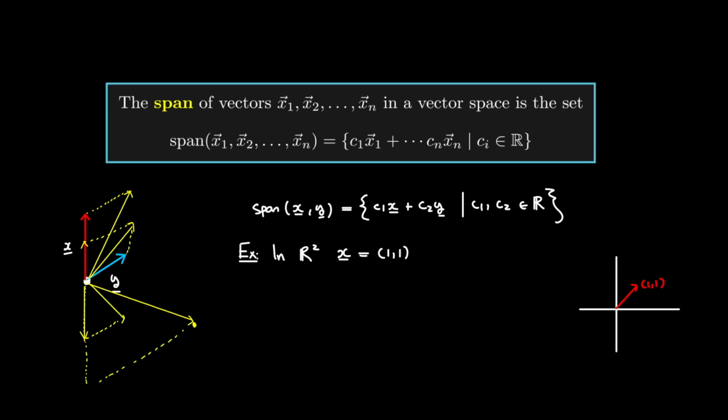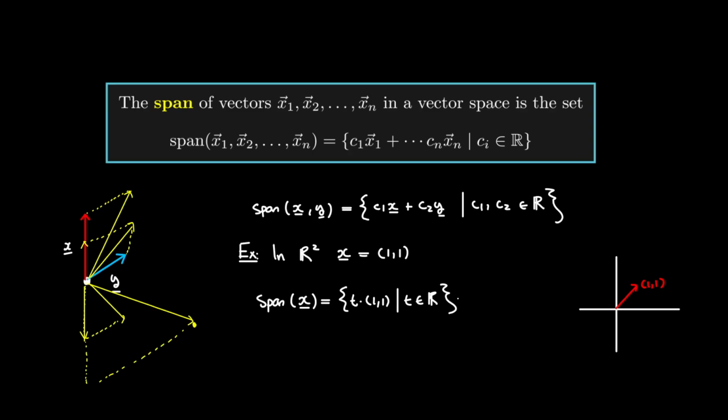So what is now the span of x? It's just a single vector now. Well, this is going to be all linear combinations. So all, let's use a different variable, let's say t now, times (1, 1), because (1, 1) is the vector we're interested in, where t is just any real number.